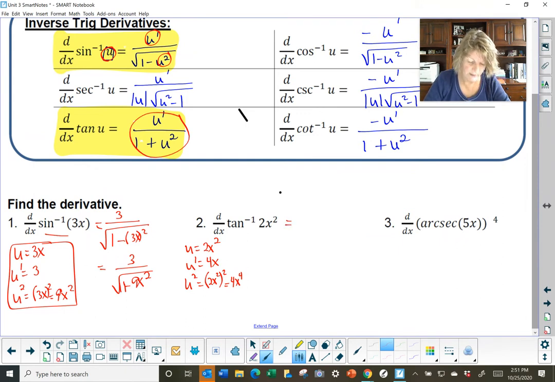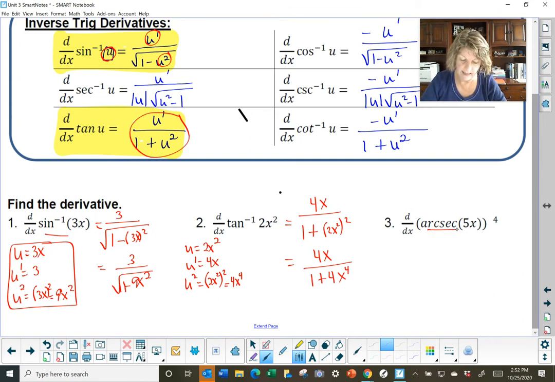This derivative would be equal to u prime, and I know u prime was 4x, over, no radical when we're working with tan inverse, 1 plus u squared. I'm showing it. I could have just written it straight down, but I wanted you to remember where this stuff was coming from. 1 plus 4x to the fourth.